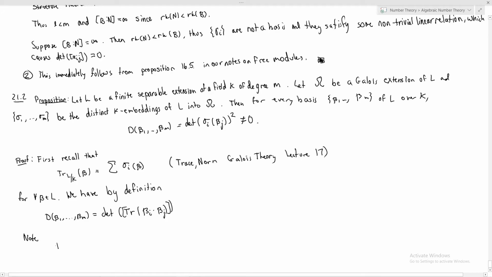Okay, and note that the trace of a product is the sum, since these things are algebra homomorphisms, each k embedding of L into omega will split over the product.